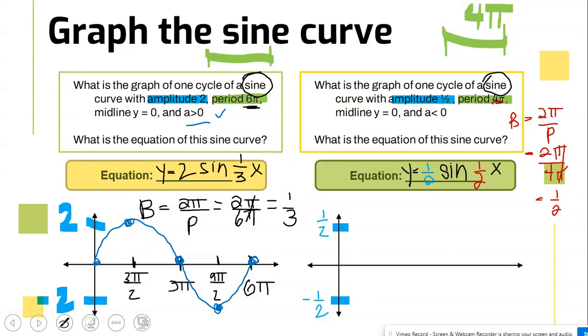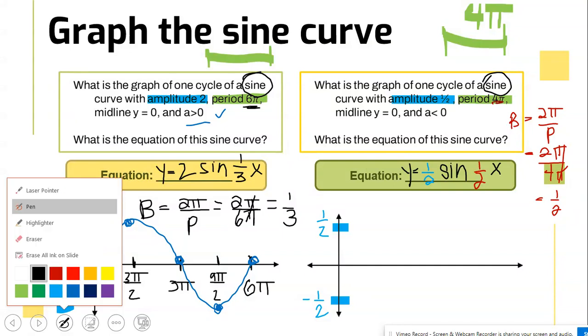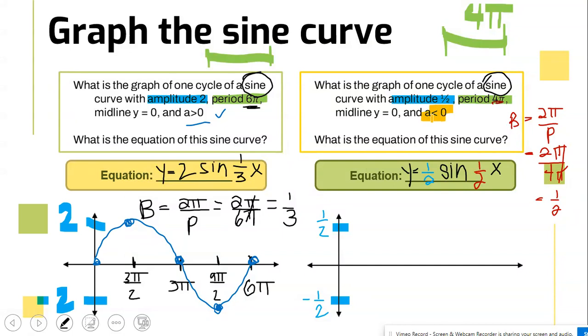Midline is at the center, so that's fine. But this last example says that a is going to be less than 0. That means we have a reflection. So instead of our regular one, we're going to start at 0 and end at 0, and we're going to go downwards, actually. Our graph is going to look like this.